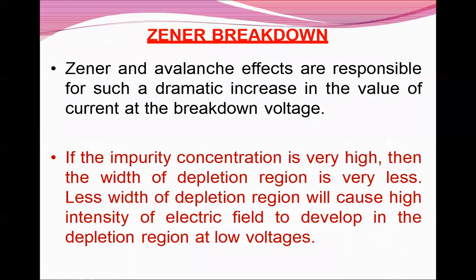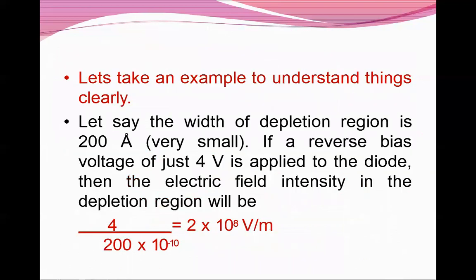The Zener breakdown and avalanche effects are responsible for such a dramatic increase in the value of current at the breakdown voltage. If the impurity concentration is very high, then the width of the depletion region is very less. Less width of depletion region will cause high intensity of electric field to develop in the depletion region at low voltages.